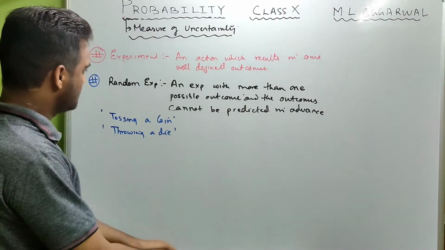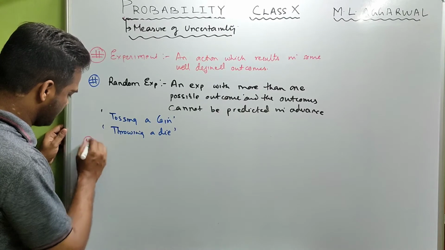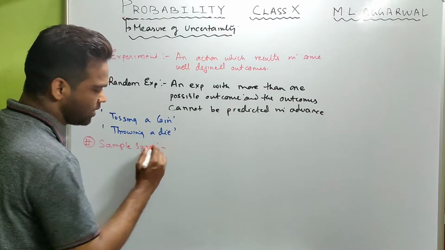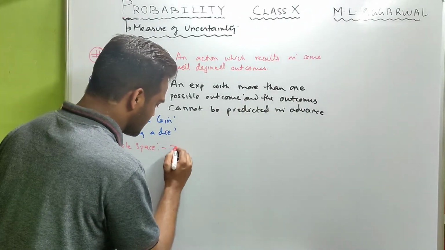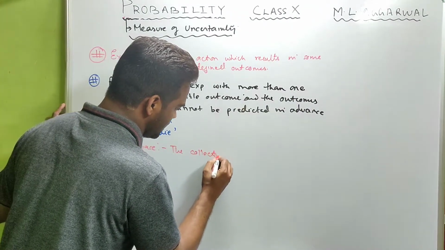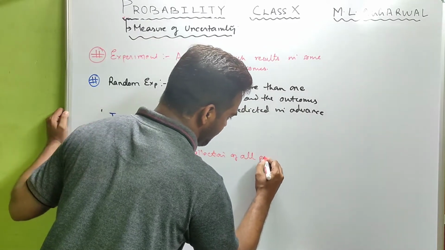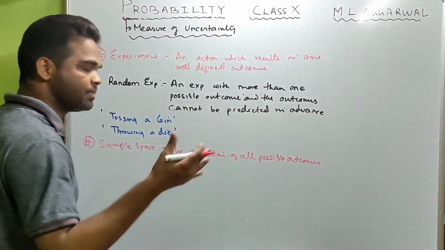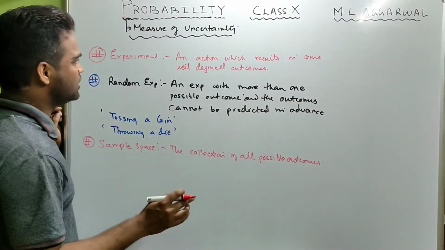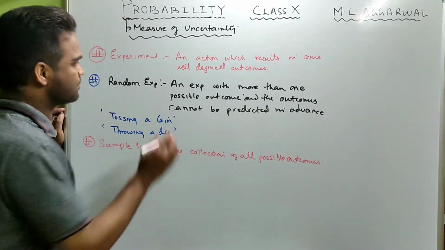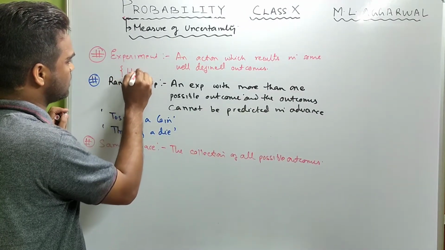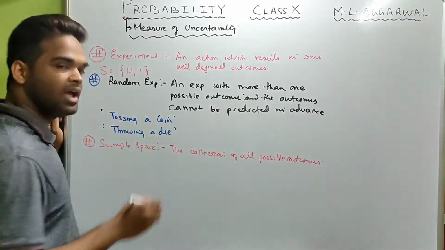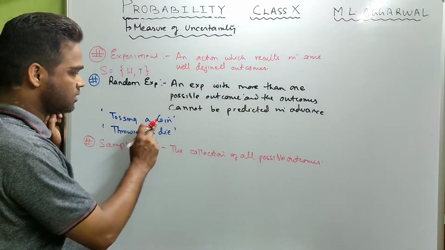Now this one term is very important, sample space. Write all these, okay? This will be very important while doing the sums. The collection of all possible outcomes is known as your sample space. For example, when you toss a coin, you'll get either a head or a tail. That's your sample space, represented by S. The experiment is throwing a coin.